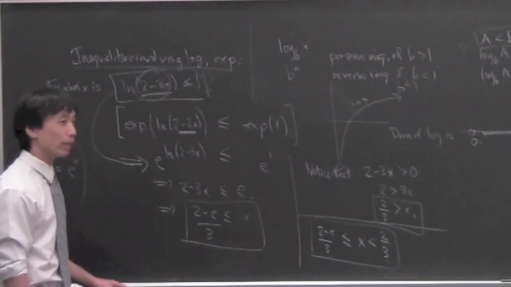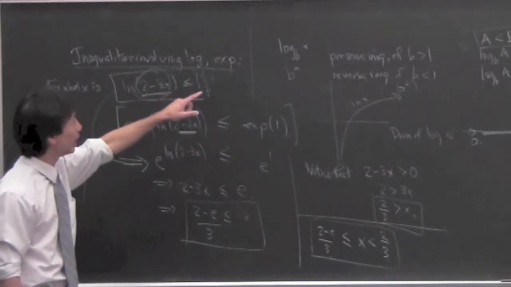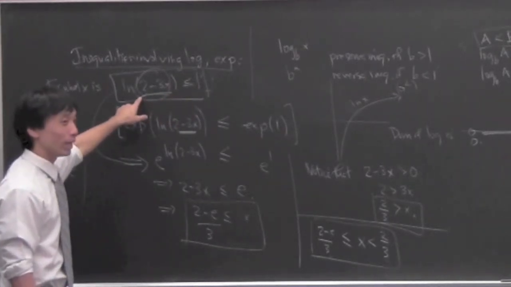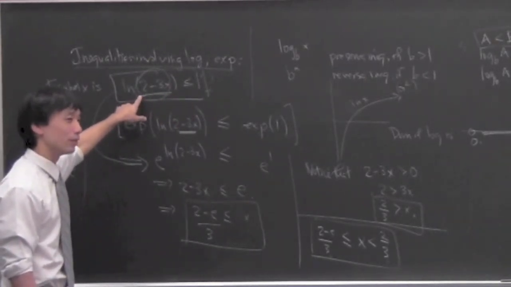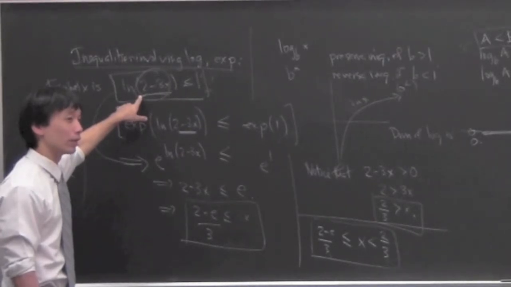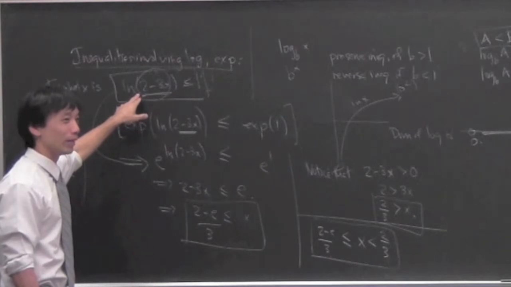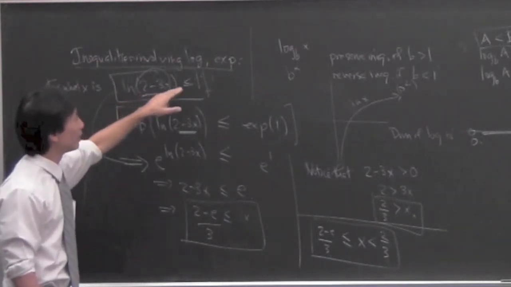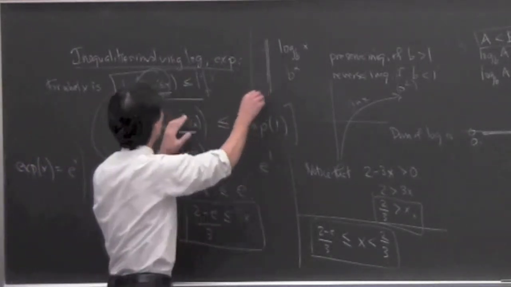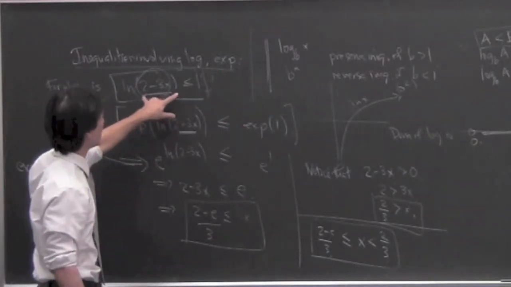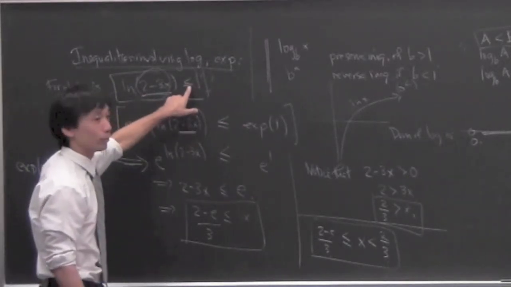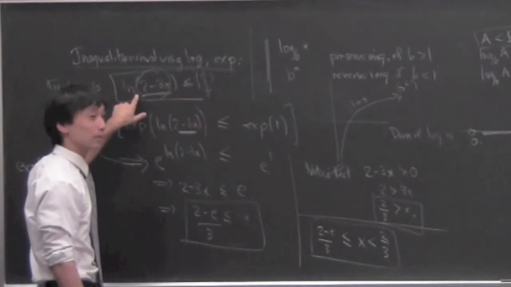You can, but as long as you keep in mind what happens if you use a different base, if the base is less than 1 or the base is greater than 1. If you understand what you're doing, yes. As long as you remember that the sign will reverse if you do it with a base that's less than 1.